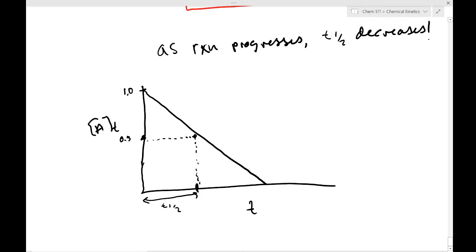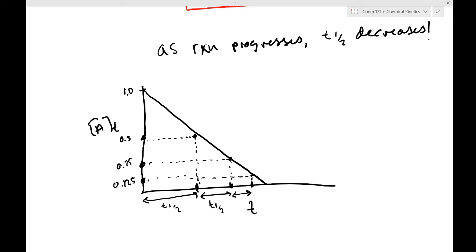Next, we can come down and do the second half-life. Since this is dependent on the concentration, the half-life actually gets shorter. This is the second half-life, and you can see that it's quite a bit shorter than the first. And if we come down to 0.125, again, it gets even shorter. So as the reaction progresses for the zeroth order reaction, the half-life gets smaller and smaller.